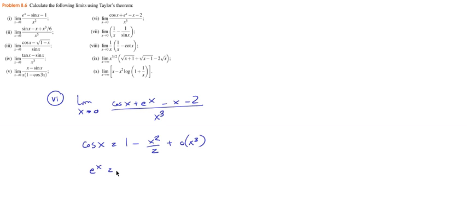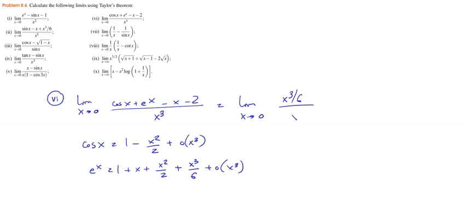The exponential is 1 plus x plus x squared over 2 plus x cubed over 6 plus small o of x cubed, right? So then we have the limit when x goes to 0, and then you have 1 plus 1 minus 2, you get rid of this, right? The x and the x go away, x squared over 2 and x squared over 2, so the numerator is just x cubed over 6 plus small o of x cubed, divided by x cubed. The limit of this is 1/6. Okay.